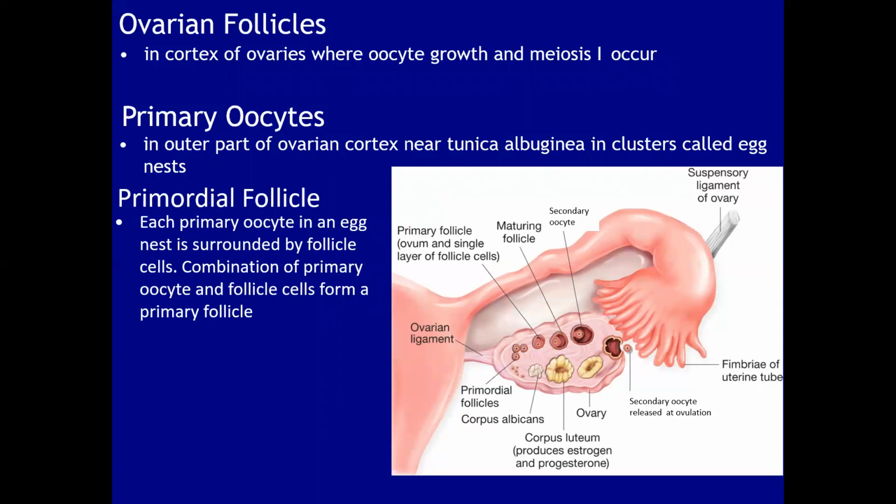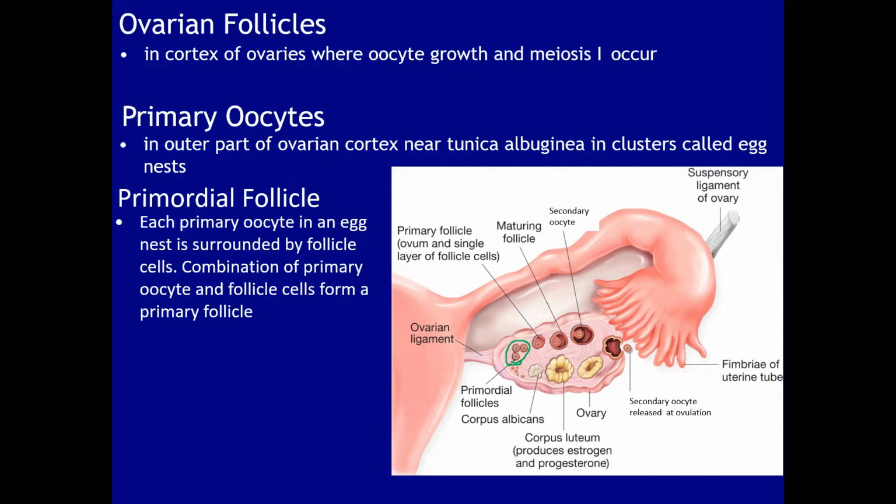Within the ovary, there are what are called ovarian follicles. All right, so we start here with primordial follicles, and each one of these primordial follicles has this little dot, which is the actual primary oocyte, and it's surrounded by follicular cells.